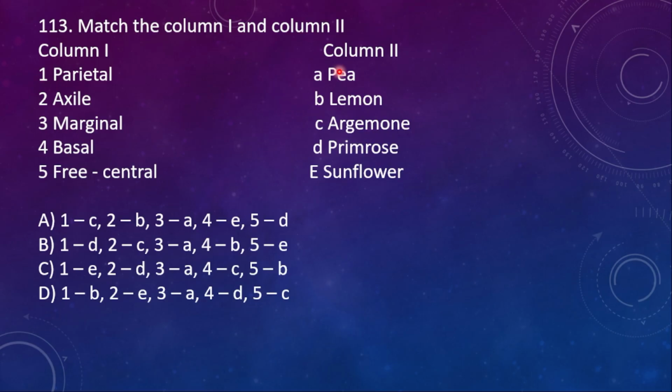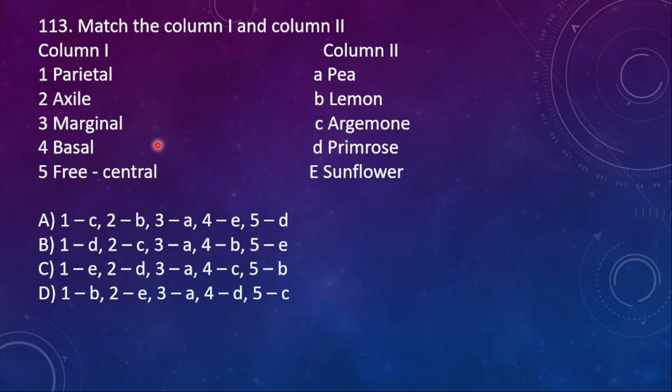Marginal example is pea. If you keep any of the two marginal example, you can keep pea very easily, and then basal one you can keep sunflower in mind. Free central, primrose. So basal, sunflower if you are confident, and then marginal if you are confident in pea.